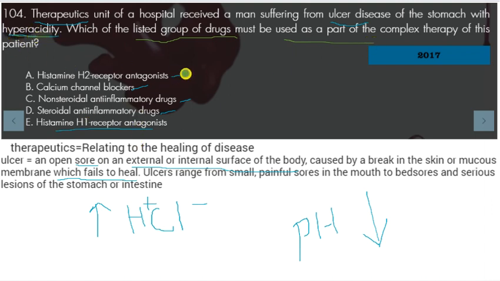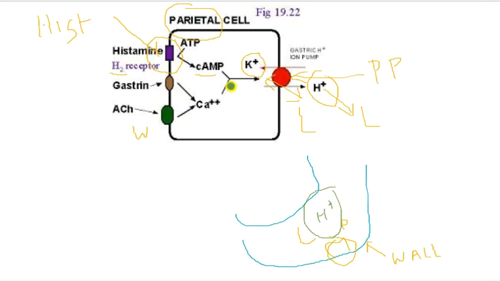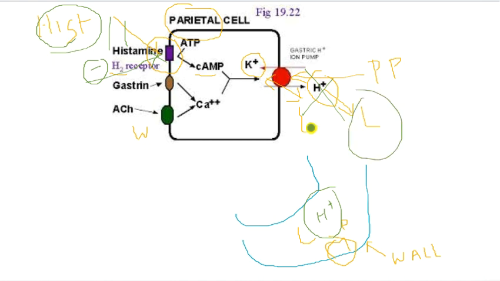So we need to decrease the acidity. When we consider the histamine H2 receptor blockers, we can find some drugs which can inhibit the H2 receptor. So histamine cannot act on this receptor, H plus doesn't secrete into the lumen, and we can reduce the hyperacidity.